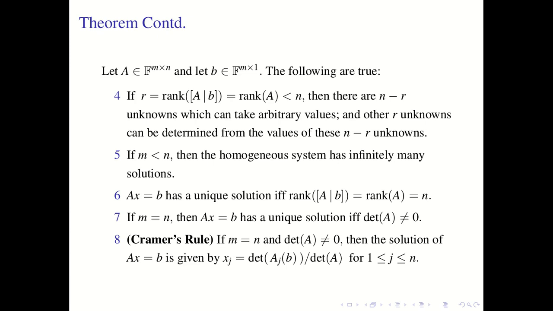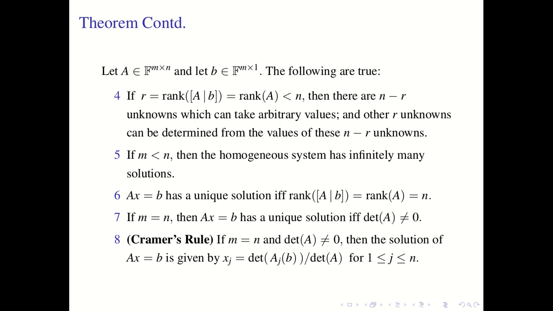For any vector b and a matrix A, Ajb denotes the matrix with the jth column of A replaced by the vector b. So you remove the jth column, replace it by b, and then compute the determinant. That determinant divided by the determinant of A is the solution of Ax equal to b.